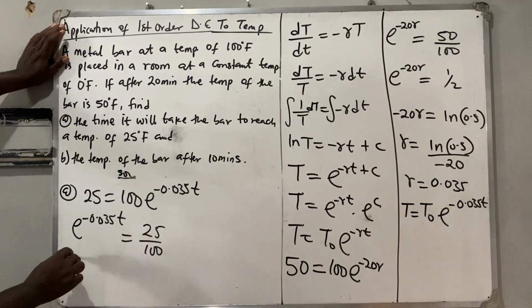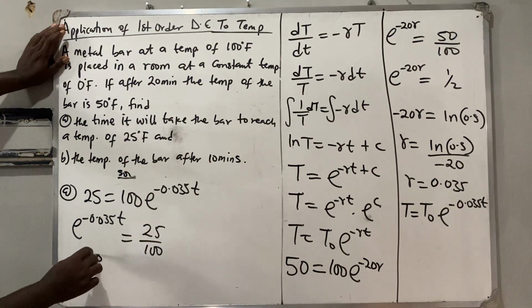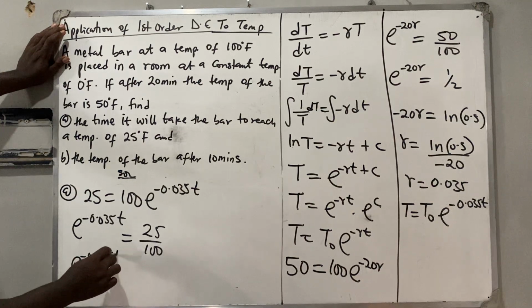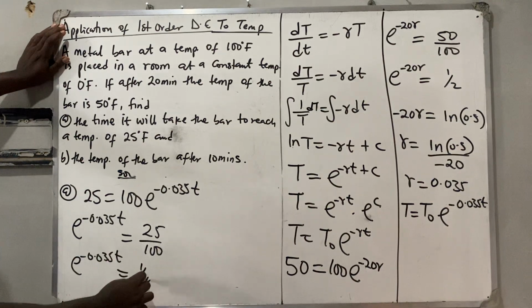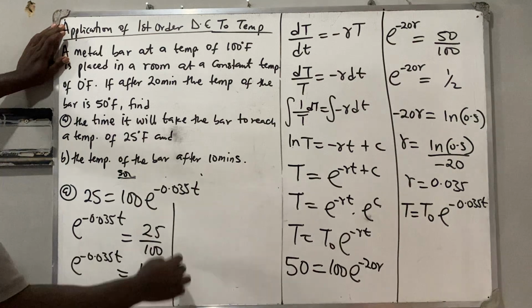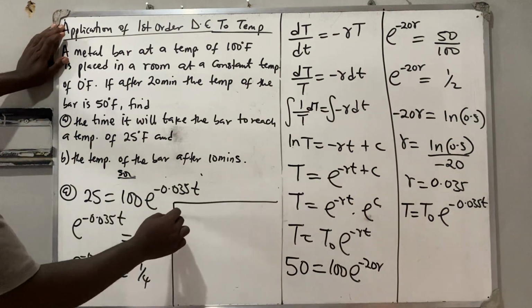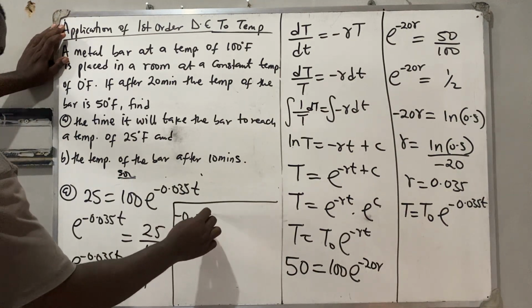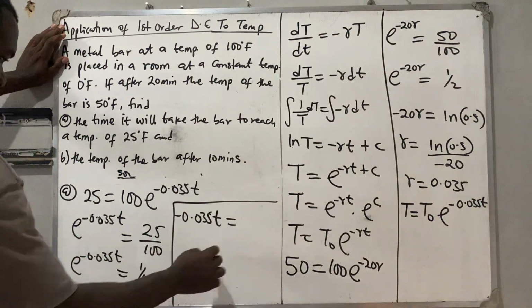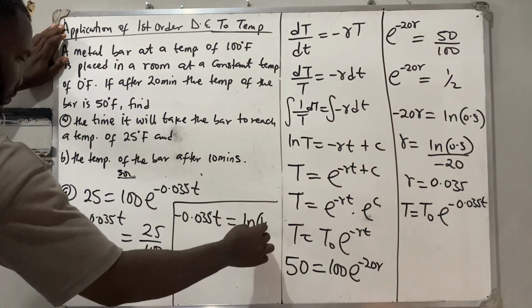So therefore exponential minus 0.035 t will now be equal to 1 over 4. So we're having that minus 0.035 t will now be equal to ln 1 over 4.